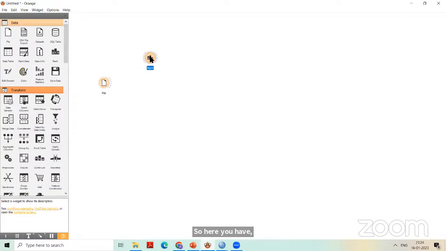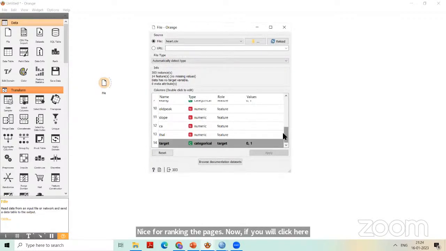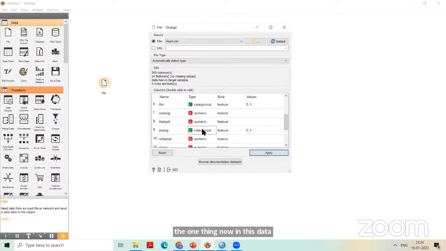How to perform ANOVA analysis here? By feature importance. So here you have Rank. Rank is for ranking the features. Now, in this data set, there are a few categorical features. If you have categorical features, the Orange tool will not provide ANOVA analysis.